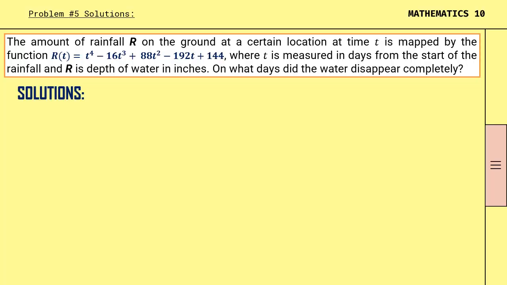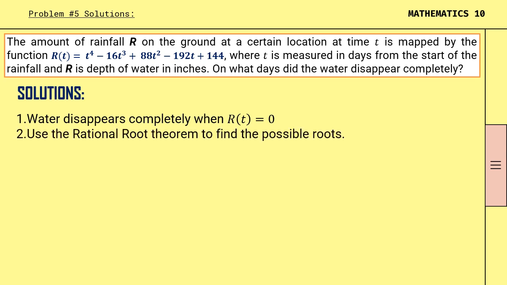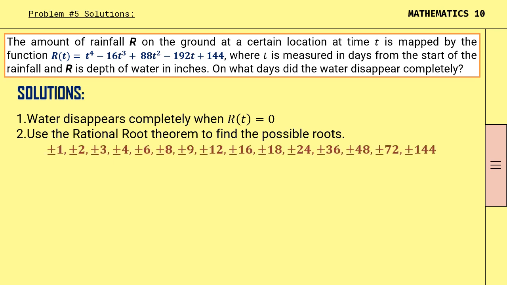So let's start with our solution, our representation again. Water disappears completely when r of t is equal to 0. Okay, if we have our remainder as 0, or if we evaluate the function, we'll have 0 as the final value. So use the rational root theorem to find the possible roots.